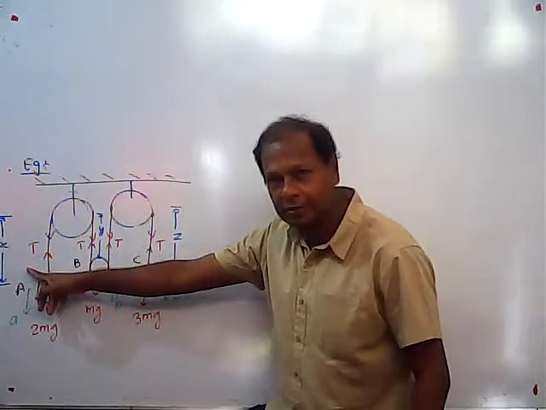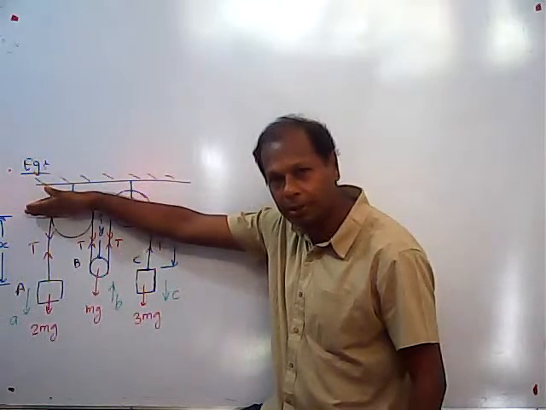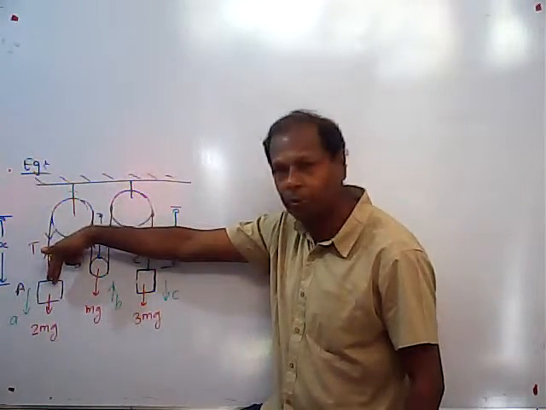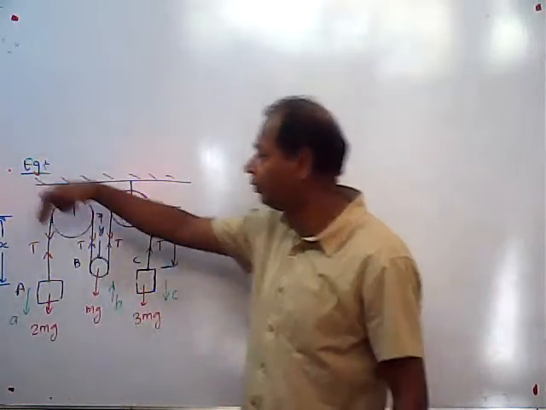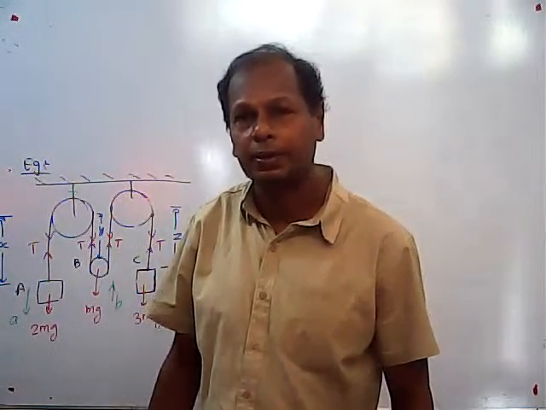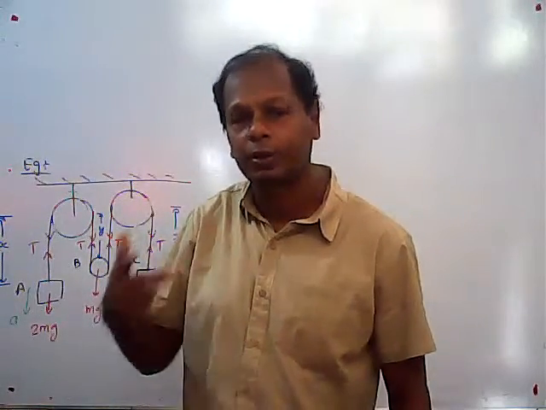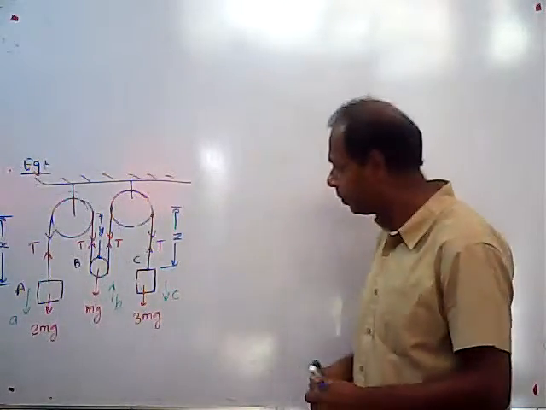x is the distance from this reference point to this moving pulley. x is measured downwards. If I take x dot, I differentiate this x with respect to t. What would I get? What is x dot? Practically here, what is x dot?